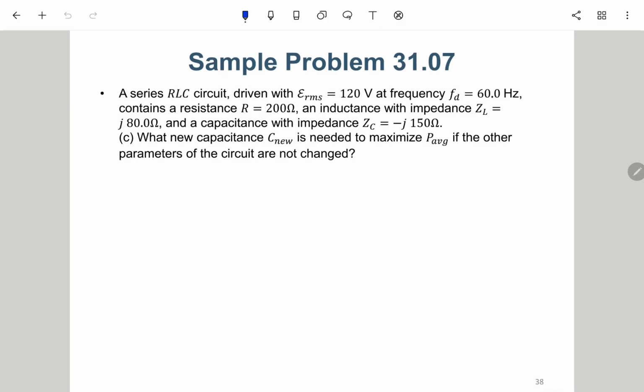So here, Z_C new will be negative Z_L, so it is nothing but negative j80.0 ohm. Okay, so this is the new impedance, not the capacitance.